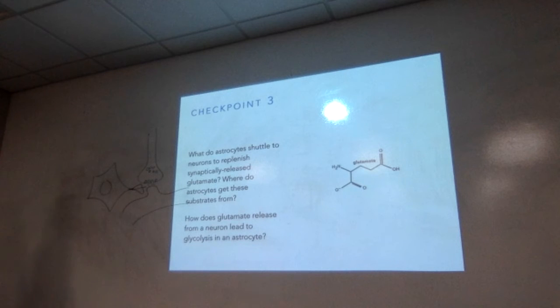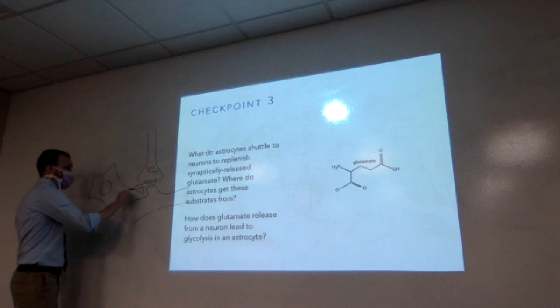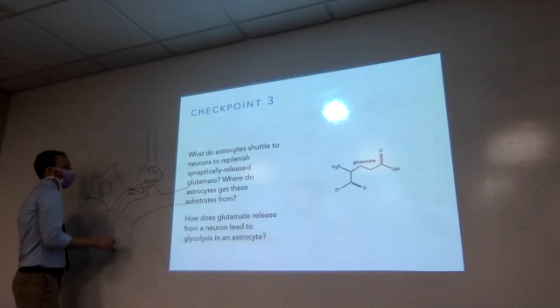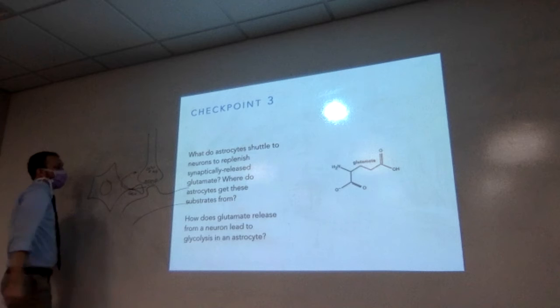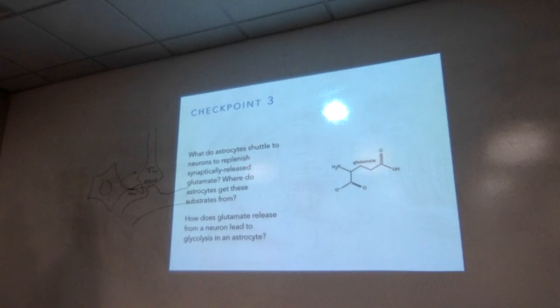Let's say we pick up glutamate, and then we just spit it right back out. Yeah, we probably don't want to just spit glutamate back out. Why did we pick it up in the first place? So we got to turn it into something else.